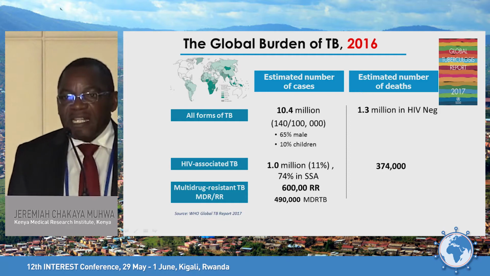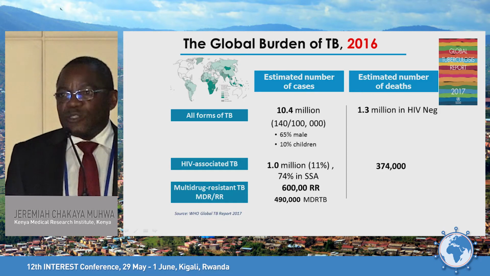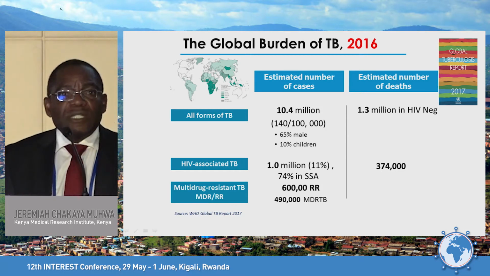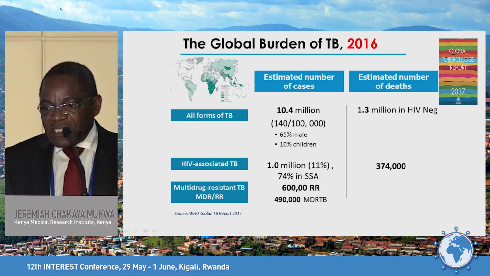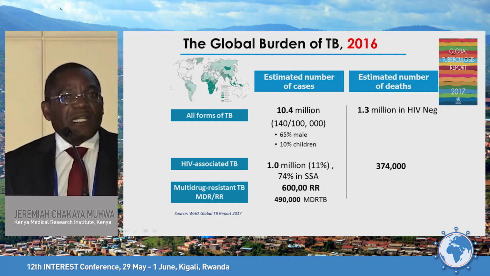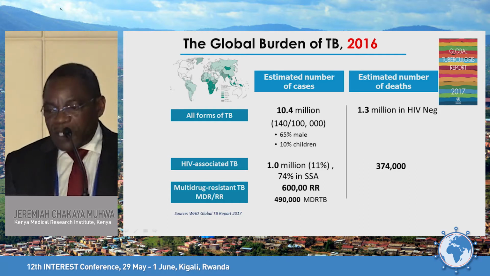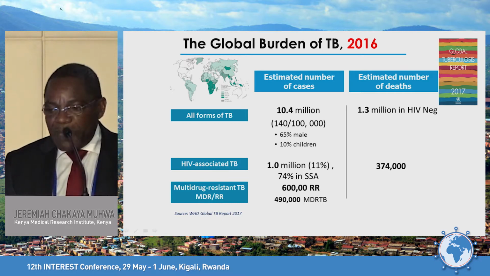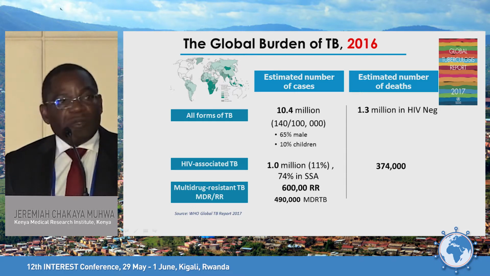But the numbers haven't changed that much between 2016 and 2017, so it doesn't really matter that much. But in 2016, it was estimated that there were 10.4 million cases of TB, which works out to about 140 cases per 100,000 population. 65% of these were male and 10% of them were children.